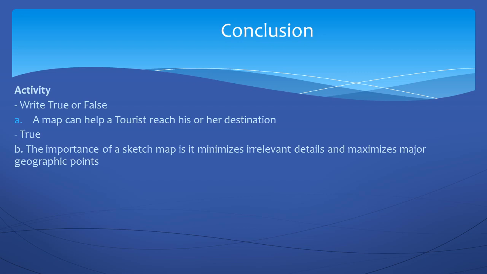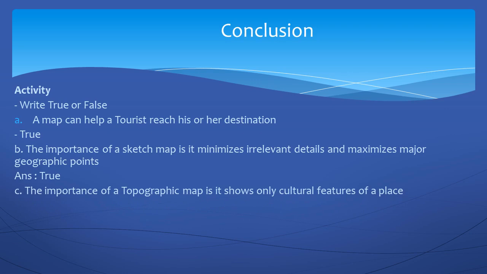What do you think of this statement? Again, if you think this statement is true, write true. If it's false, then write false. What is your answer? Yes, true. Right? The answer is true.